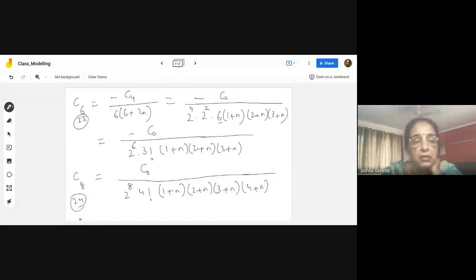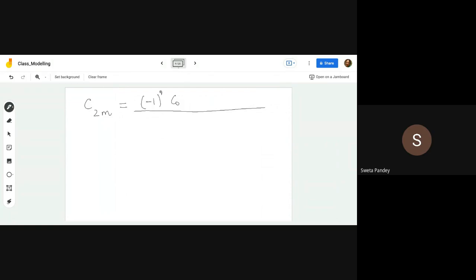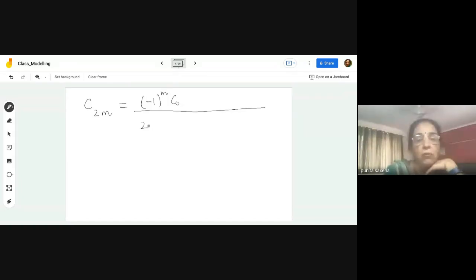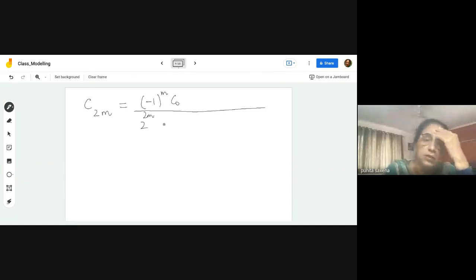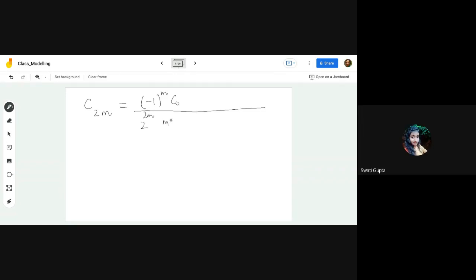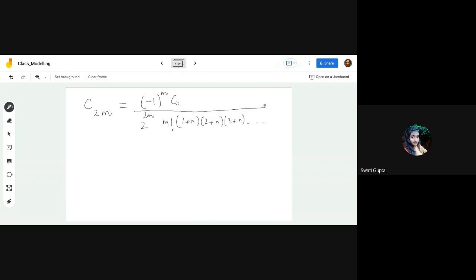C8 means 2 into 4. For C6, it was minus. For C8, it was plus. So what should it be? Minus 1 to the power m, into C naught upon, now, what will it be? 2 to the power 2m into m factorial, into, starting with 1 plus n, 2 plus n, 3 plus n. Where will it end? M plus n. Yeah, m plus n.